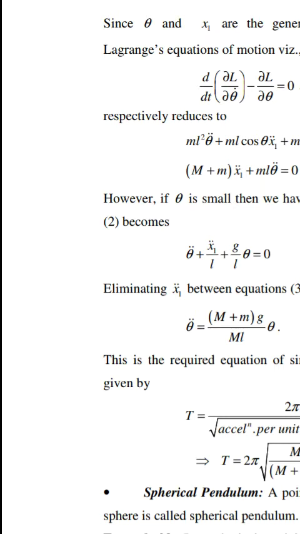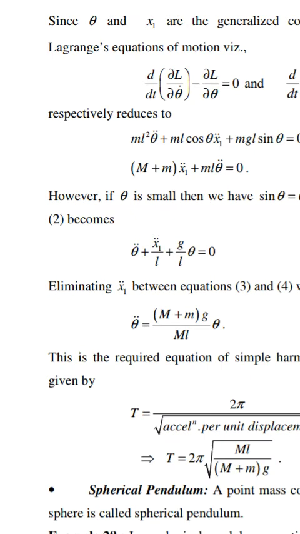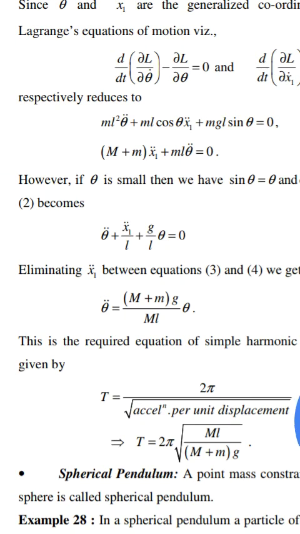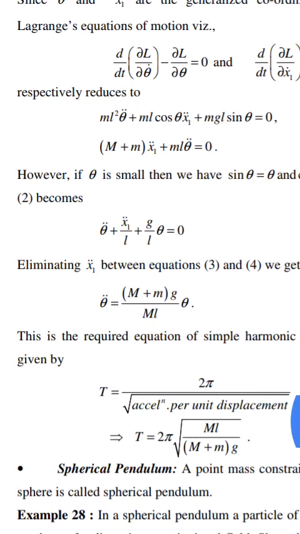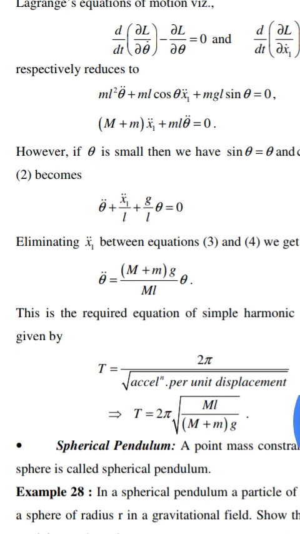This gives ml² θ̈ plus ml cos θ ẍ1 plus mgl sin θ is equal to 0, and (M plus m) ẍ1 plus ml θ̈ is equal to 0.